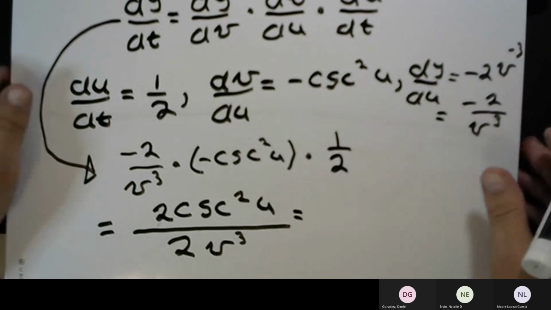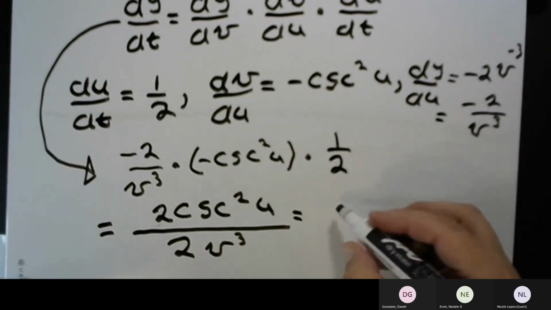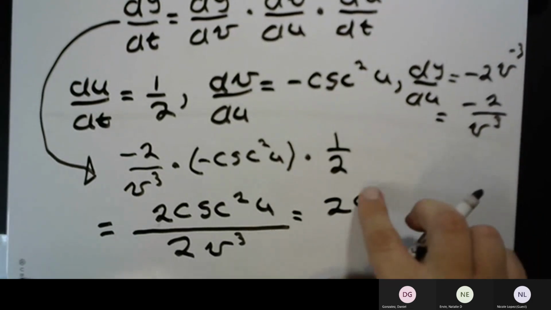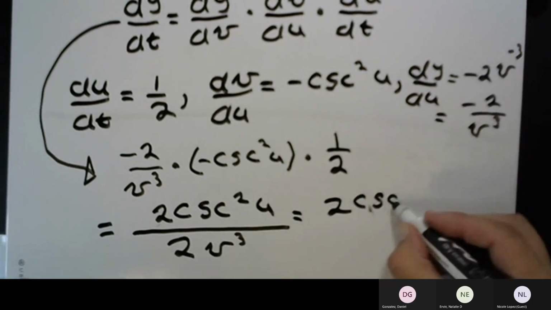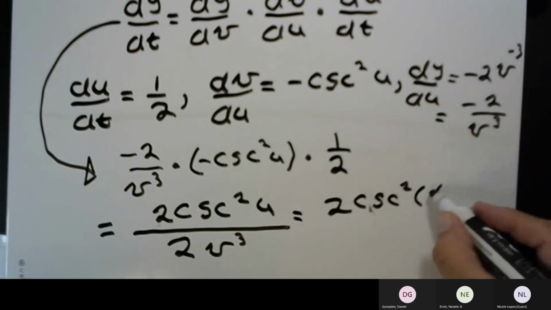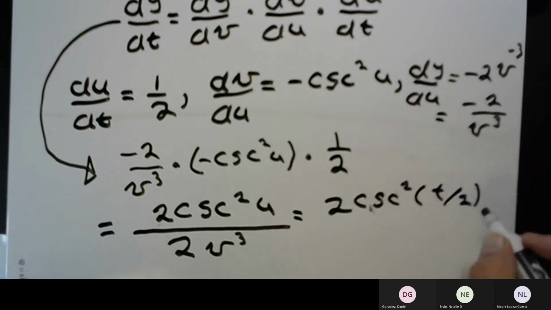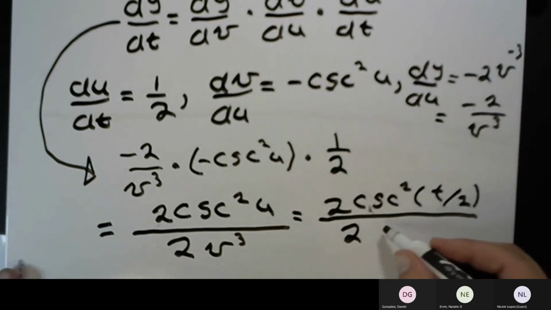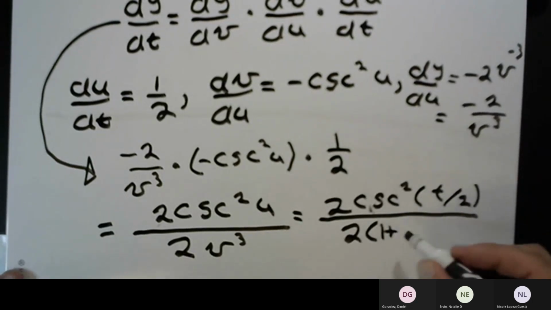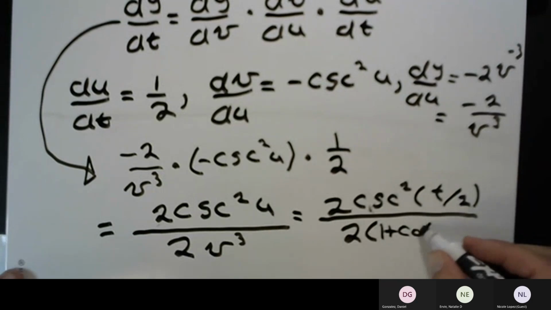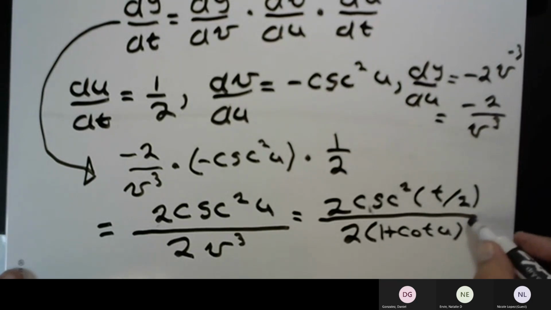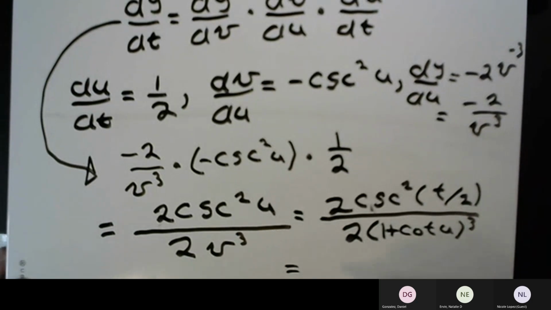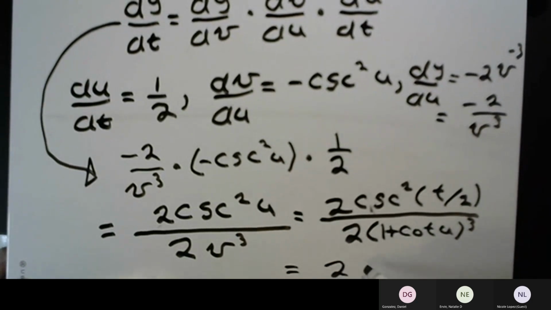And then remembering what u is, t over 2. And then v is 1 plus cotangent of u. Now we're cubing this. And then again, remembering that u is t over 2.